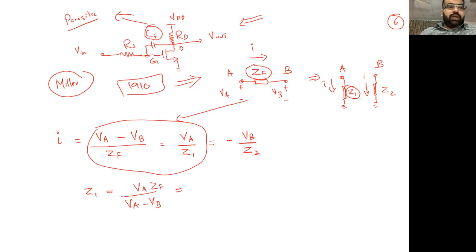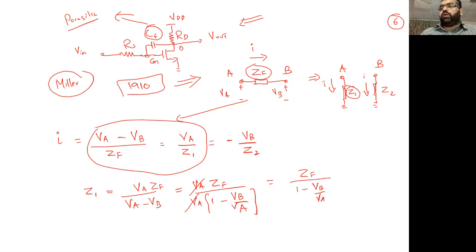We can write it in this formation, and if we take VA common from both sides, it will be 1 minus VB by VA. This VA will be cancelled, and I will be left with ZF divided by 1 minus VB by VA.